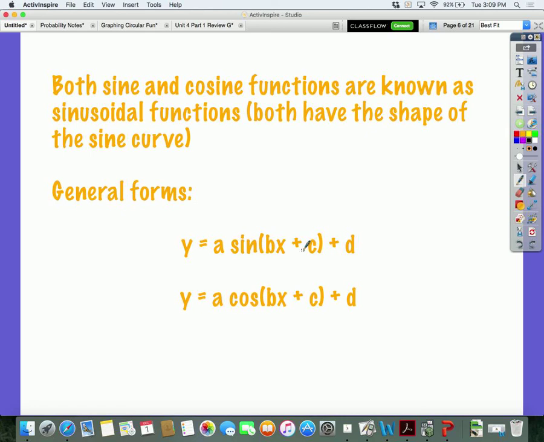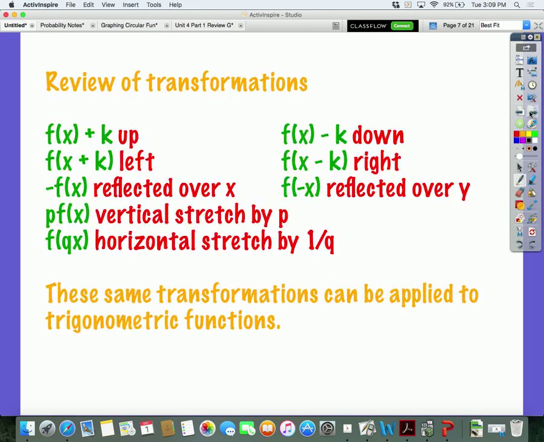What does A do? It stretches it or compresses it. Which way? Vertically. Okay, if there's a number out front, it stretches it vertically. If there's a number on the inside, it does what? Horizontally. Okay? We did this back in Unit 1.